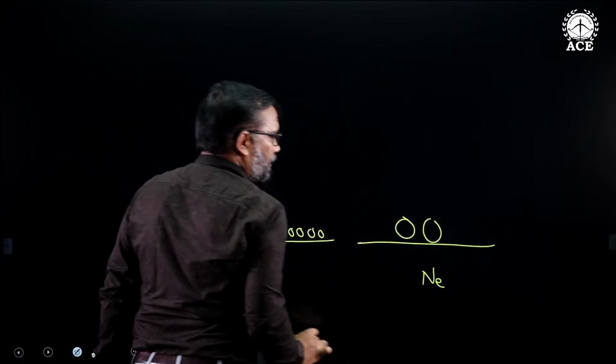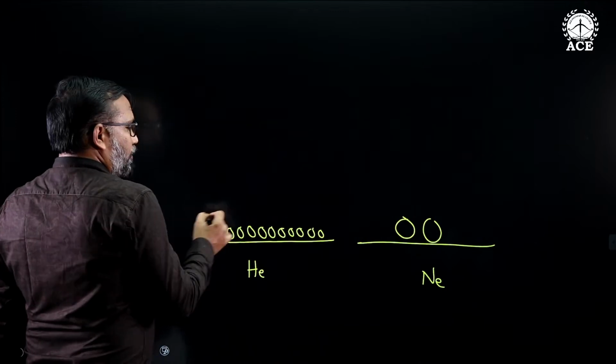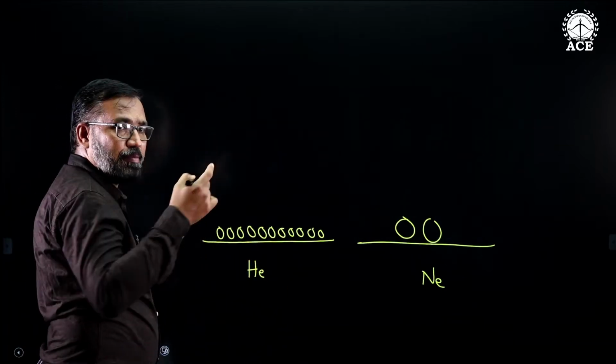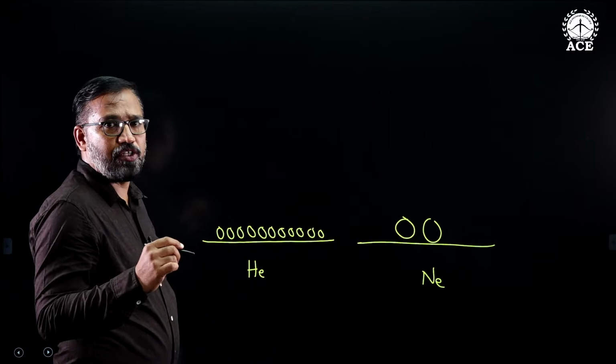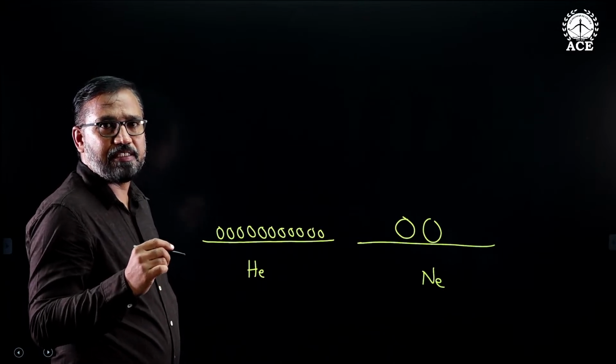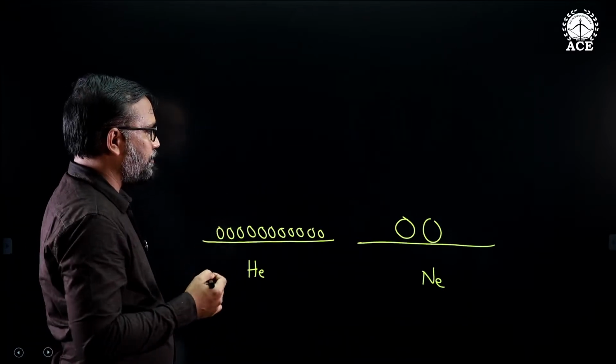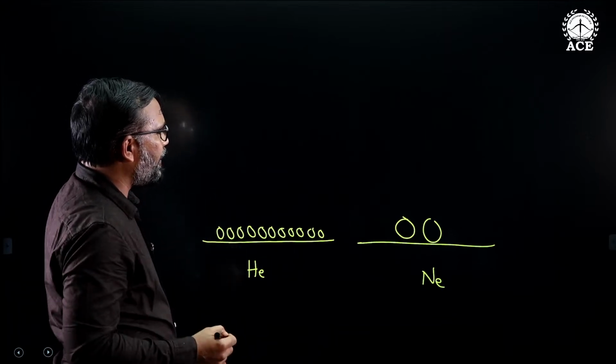These are the neon atoms. So what is the energy emitted from the electric discharge? The electric discharge is exciting these atoms to the different energy levels.